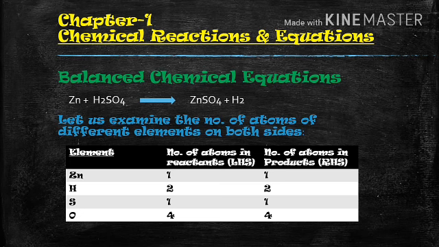The table which I have shown to you represents that the element Zn, which is a reactant, has only one atom, and in products there is also one atom in the reaction. It shows the zinc element is balanced. Therefore all of the other elements also follow this property.